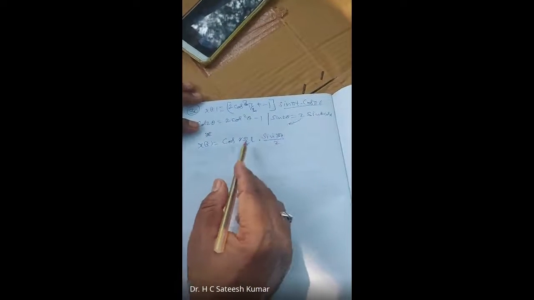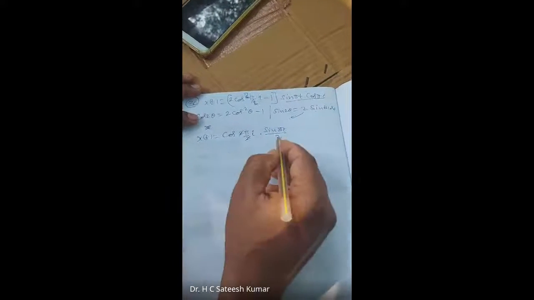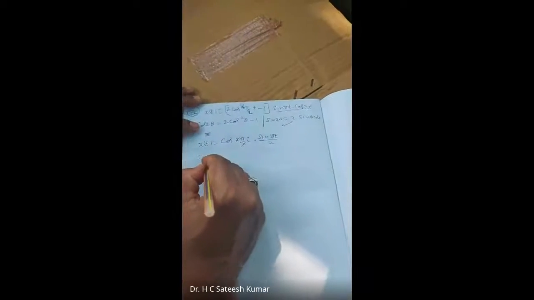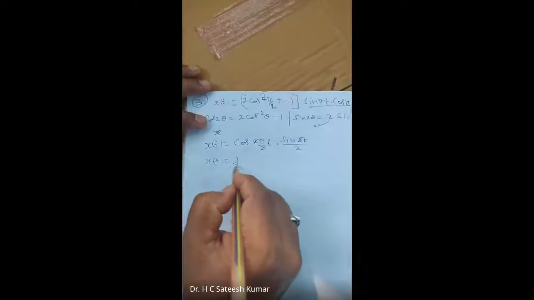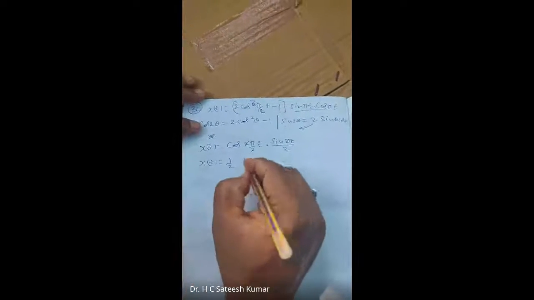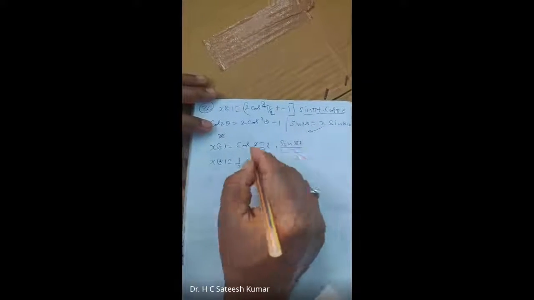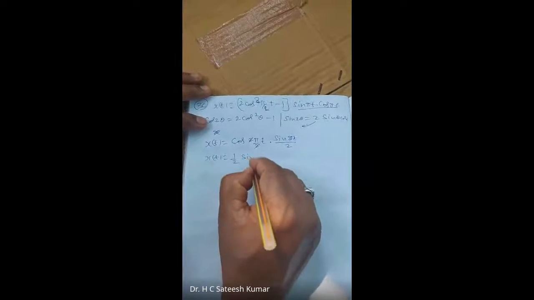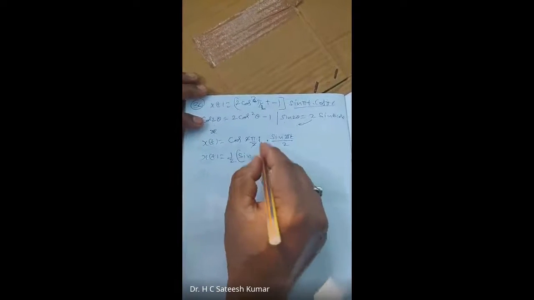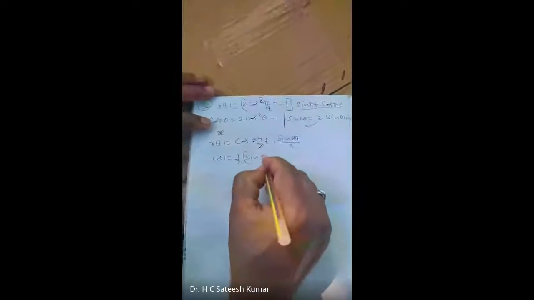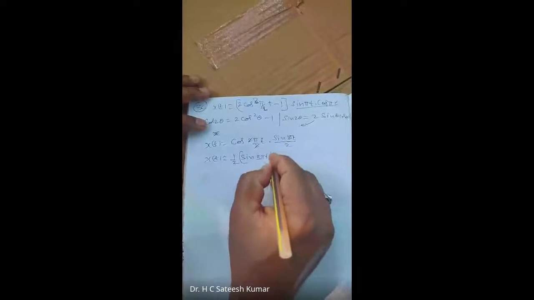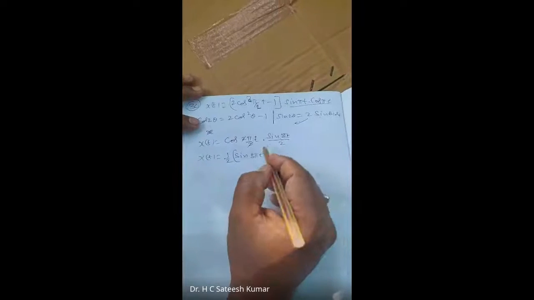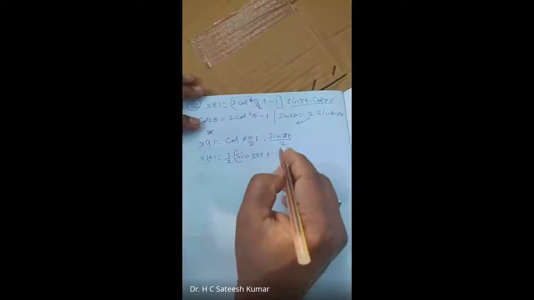Now the sin A cos B formula you can use. x of t is equal to 1 by 2 into sin A cos B, I'll take this one first, this one second: 1 by 2 into sin of (A plus B), which is 2 pi t plus pi t, is 3 pi t, plus sin of (A minus B), which is 2 pi t minus pi t, is pi t.